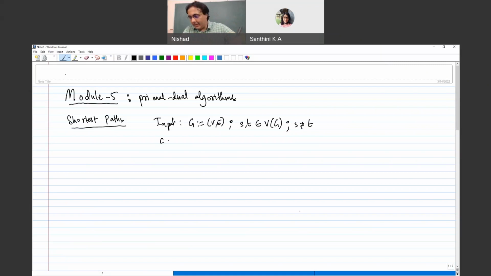Right. Thanks, Shantini. Okay, and we have a cost function that assigns each edge a non-negative real number.